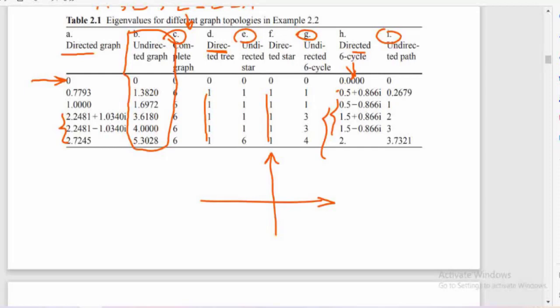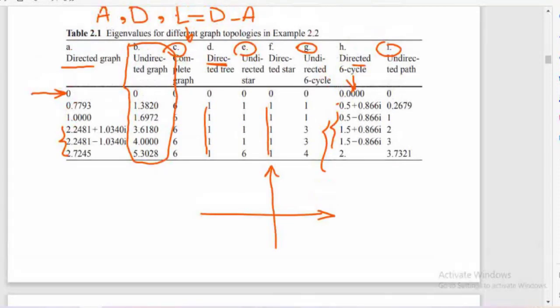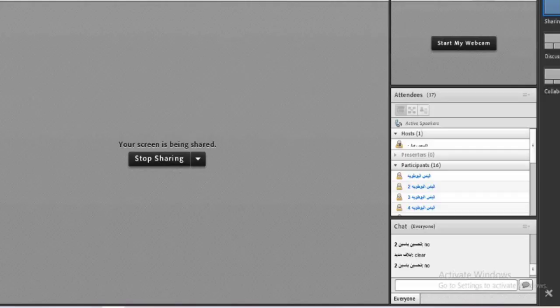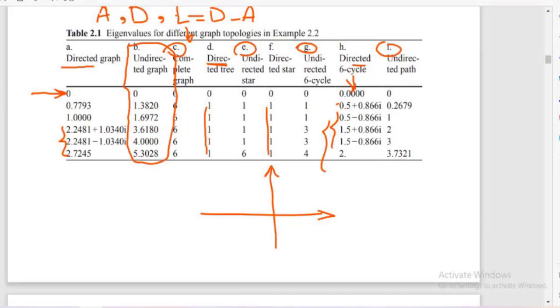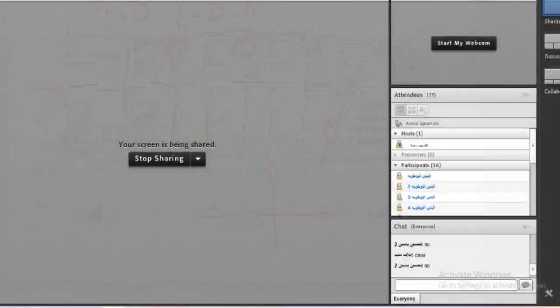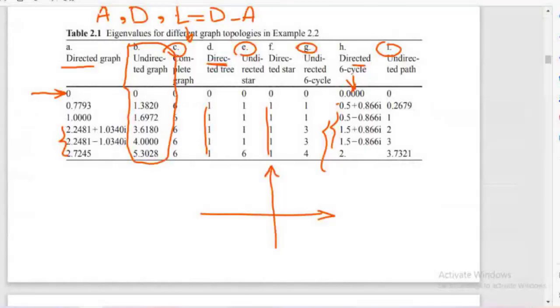Sorry, I have a problem with my pen, and this caused some problem for me. The first eigenvalues in this system, in these graphs, are all equal to 0.